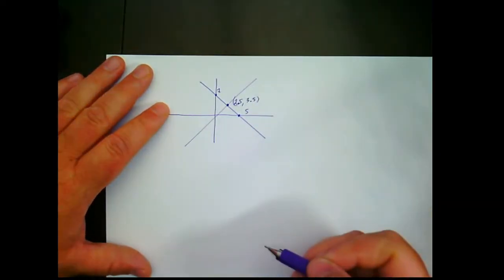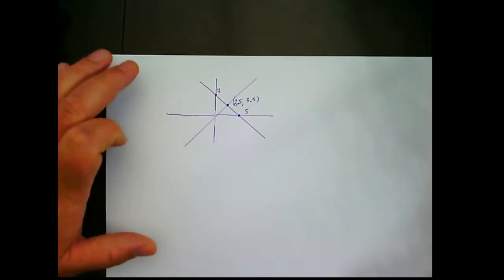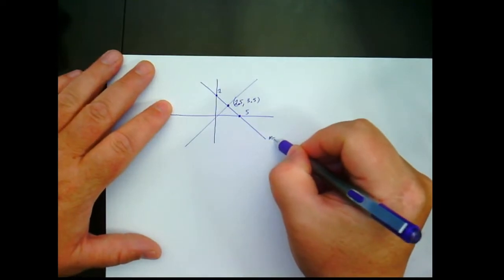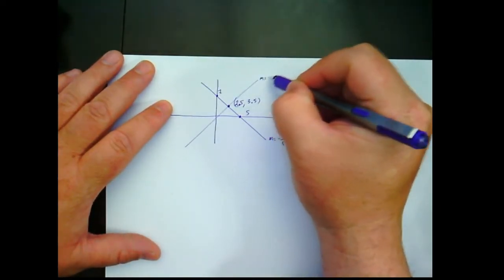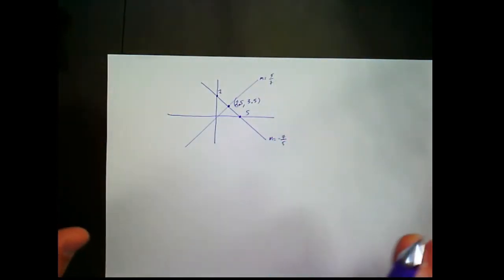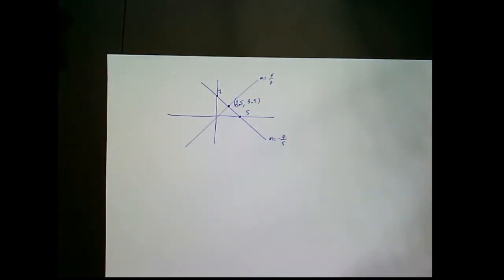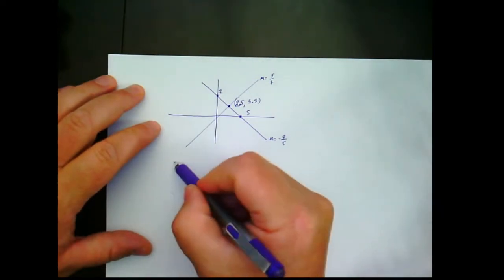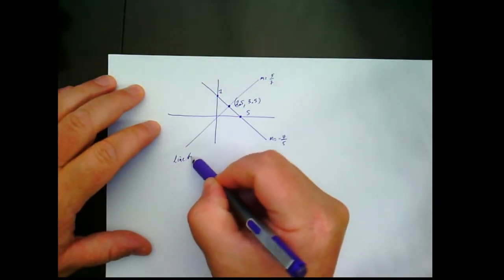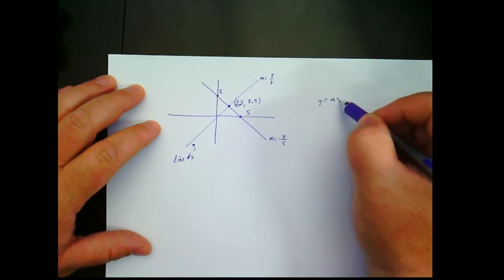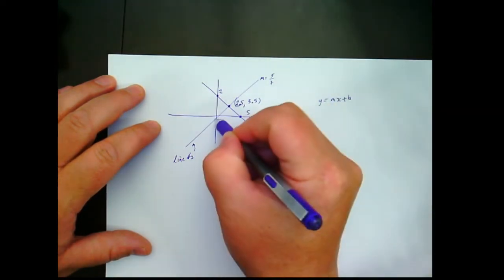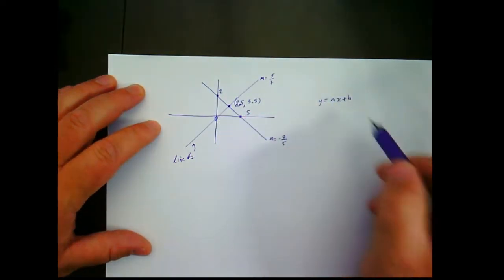It tells us that, and these lines are perpendicular. So I know that this has a slope of negative 7/5, which makes this one have a slope of 5/7. We know all those things, but we are being asked for the equation of this line right here, which is line number 2. All right, so that's y equals mx plus b. So I have to find this point right here. I have to find that coordinate b.